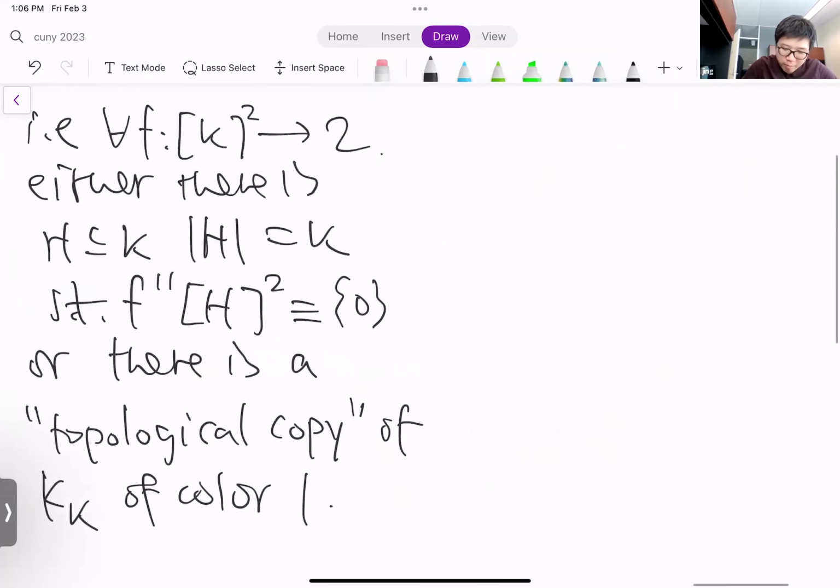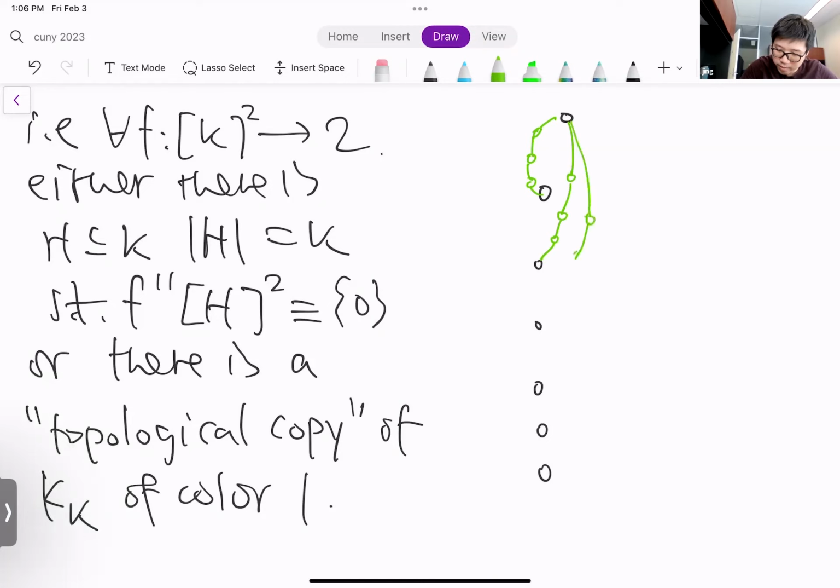So basically, a topological copy of this K_kappa,kappa is just the following. You have kappa many vertices, and between any two of these vertices there exists a path, again, we have to talk about paths all the time, connecting them. You want all of the paths that participate in connecting these vertices to be disjoint, except for the endpoints.